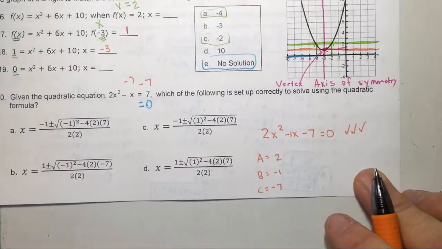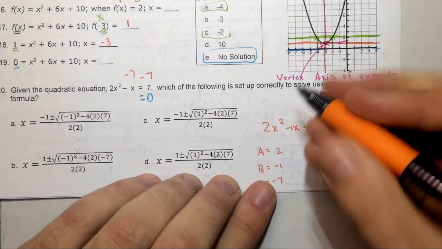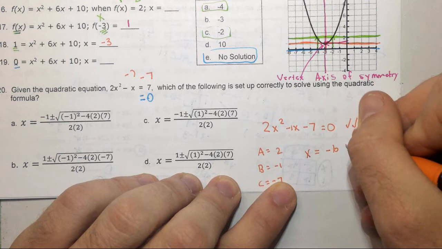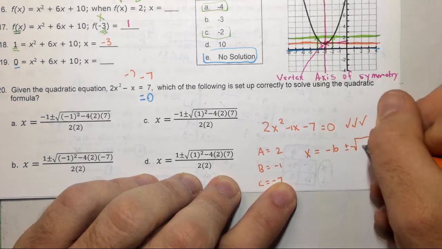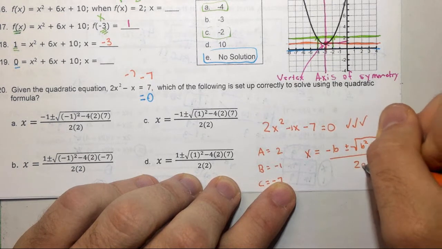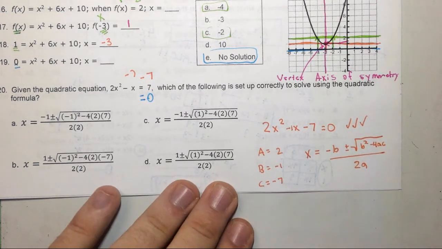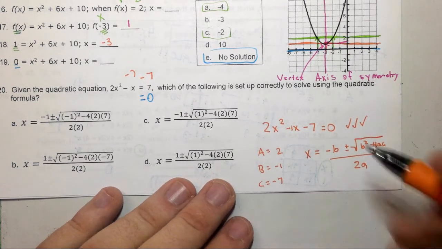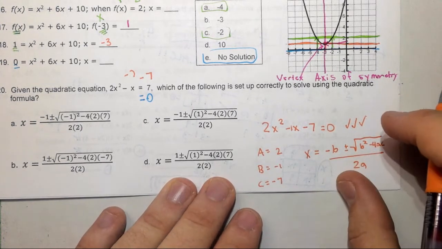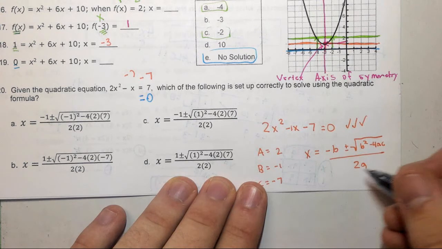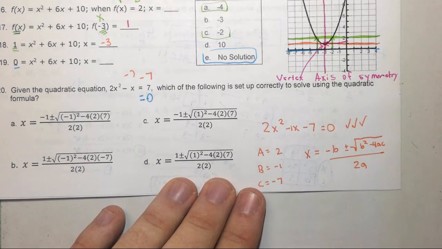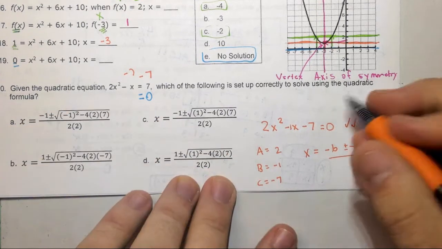Remember, I have x is equal to the opposite of b plus or minus the square root of b squared minus 4ac all divided by 2a. Mr. Vincho learned a really funny song to remember that. X is equal to the opposite of b plus or minus the square root of b squared minus 4ac all divided by 2a. And that's how Mr. Vincho memorized that equation. So I can plug in all my numbers.